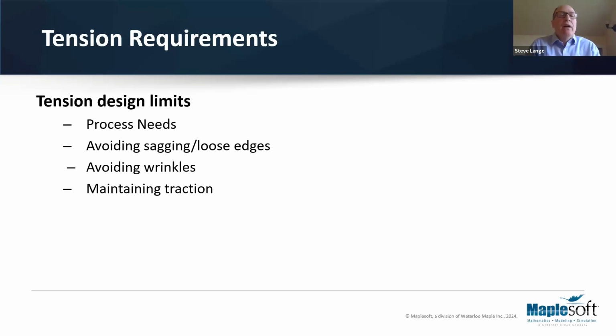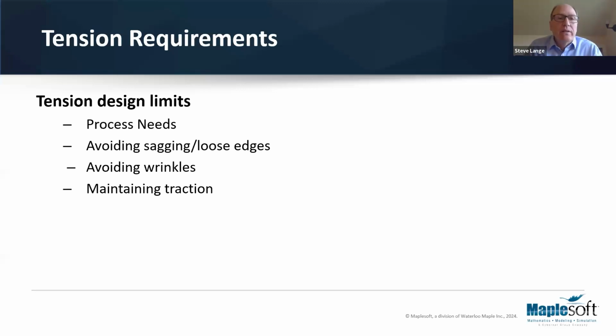You may also have to consider that the web you have to convert is not perfect. I'm sure some of you have experienced that. And so some of these webs may have loose edges, loose lanes, and we need to be able to convert or transport those webs. Because webs are so thin, they wrinkle very easily. It takes very little stress to buckle them.